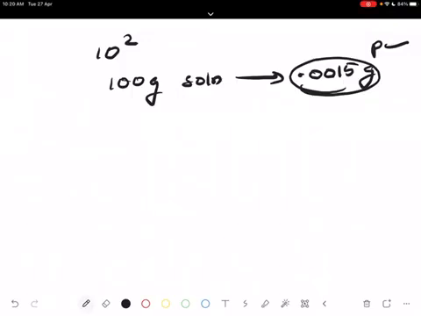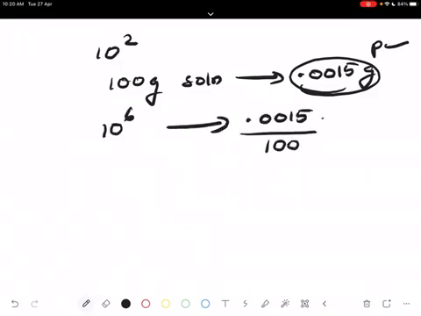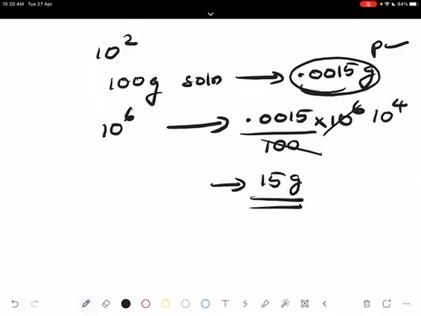But if I say the same value in 10 to the power 6, how much pollutant is present? 0.0015 upon 100 into 10 to the power 6. So this is 10 to the power 4 means 15 gram. When we hear this term 15 gram, then we are serious about the pollutant.